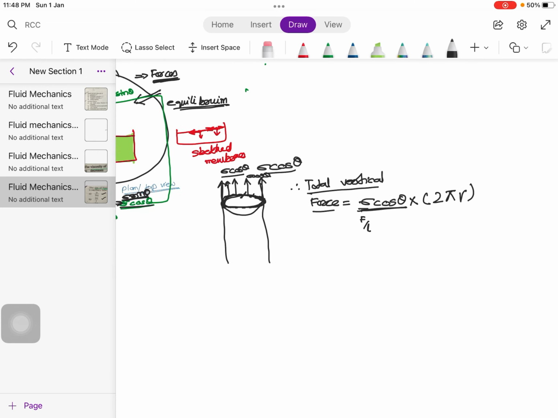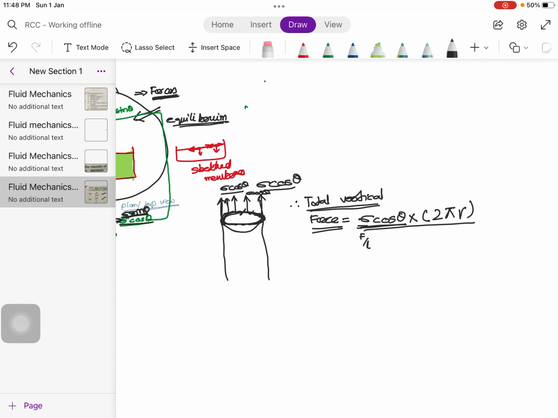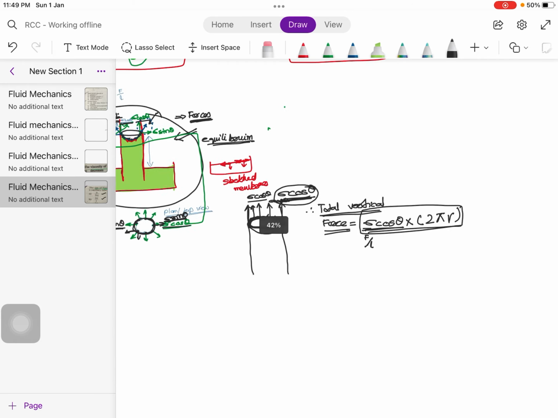So this is the total vertical force, sigma cos theta times the circumference. Sigma is force or surface tension force per unit length, and we are taking the product of this vertical force over the entire circumference to add all these vertical forces acting all over the circumference of this capillary tube.